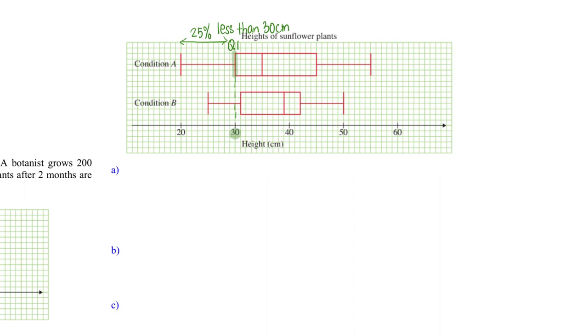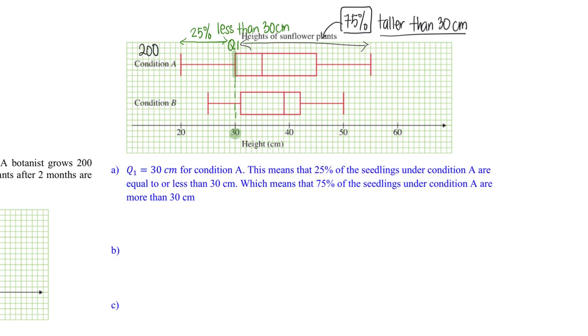And if they want taller than 30 cm, then we should look at the other side, which means that there will be 75% of the plants taller than 30 cm. And do we know how many plants are there? There are 200 plants, and of these 200 plants, 75% are taller than 30 cm. Alright, so that's what this explains.